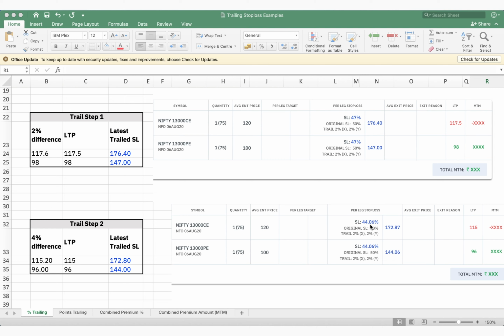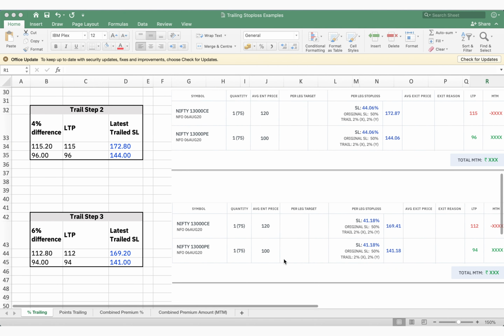And you can see that the SL has also been reverse calculated from the average entry price. Same way, the SLs have trailed further as the prices have fallen further by X% and Y%, and you can see the changes reflecting on your Quantiply algo dashboard.